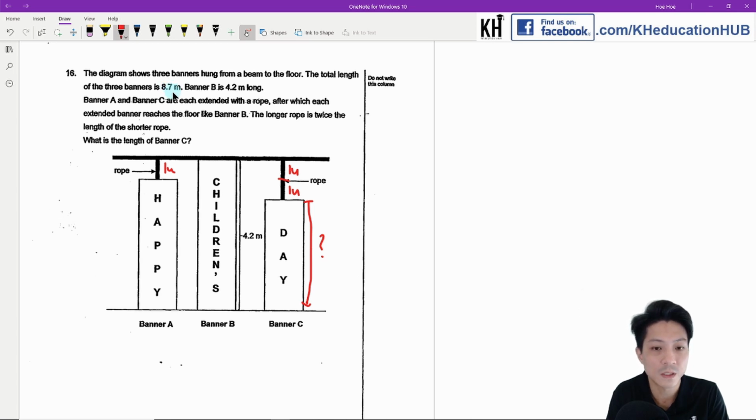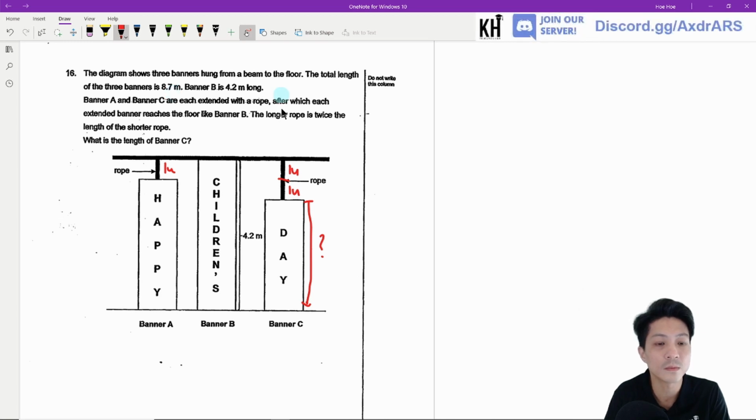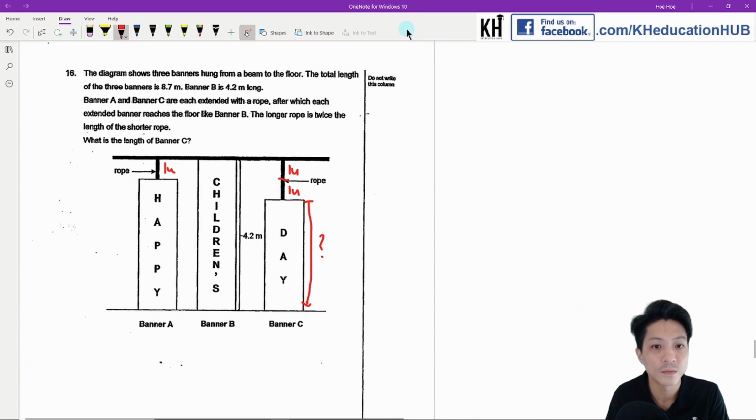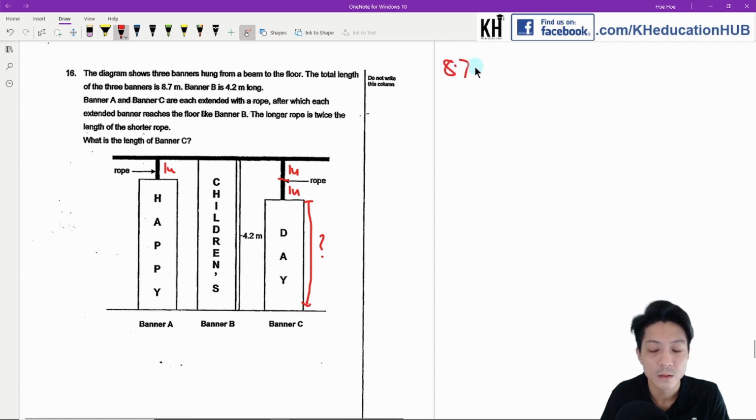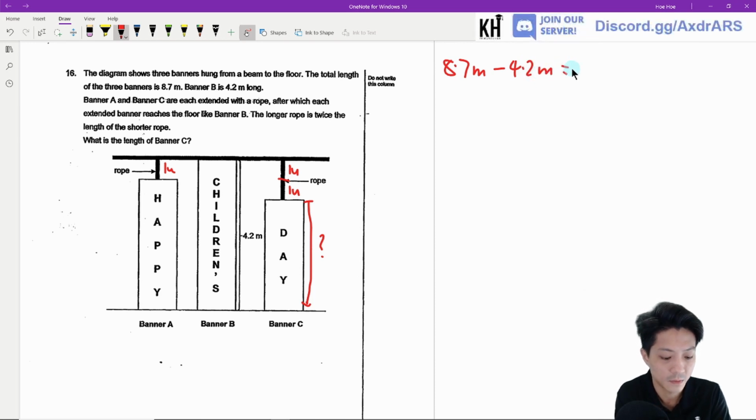So first I'm going to use 8.7 meters minus 4.2 meters, which is 4.5 meters.